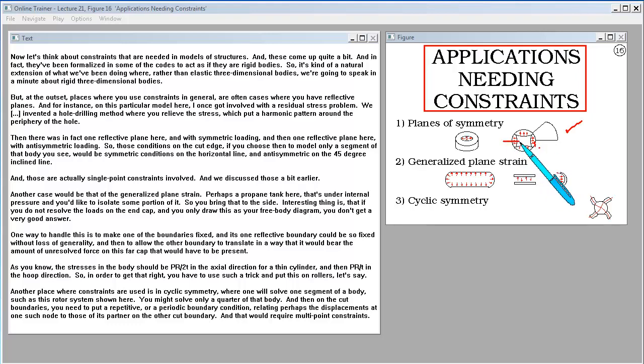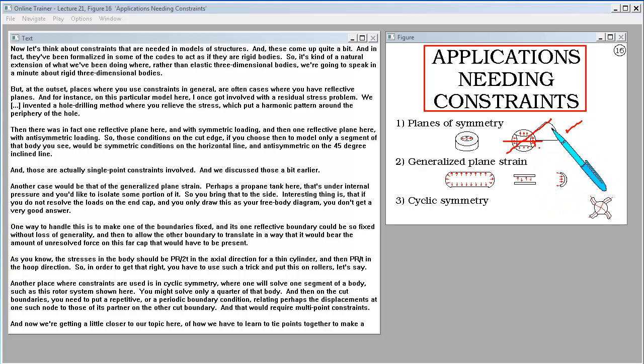Then there was one reflective plane here with symmetric loading, and one reflective plane here with anti-symmetric loading. So those conditions on the cut edge, if you choose to model only a segment of that body, would be symmetric conditions on the horizontal line and anti-symmetric on the 45-degree inclined line. And those are actually single point constraints, which we discussed a bit earlier.